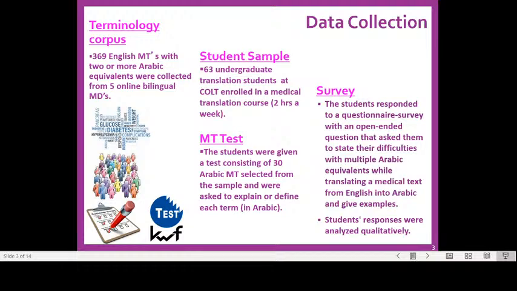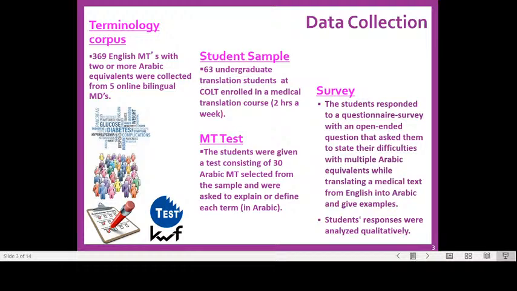The students were given a test consisting of 30 Arabic medical terminology selected from the sample, and they were asked to explain or define each term in Arabic.